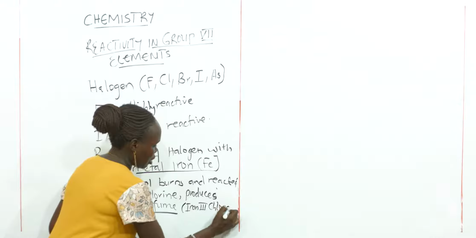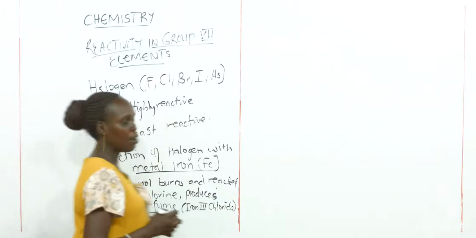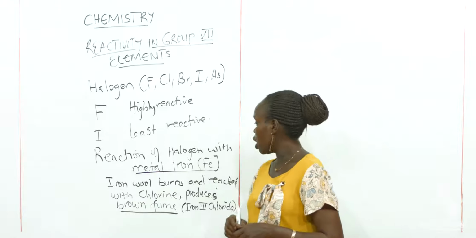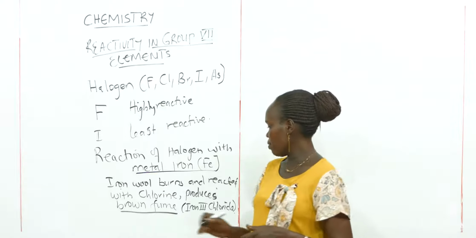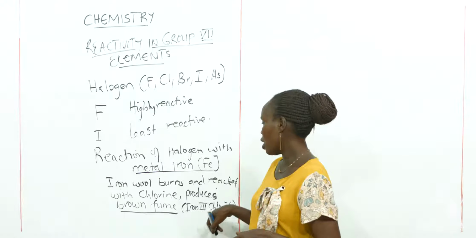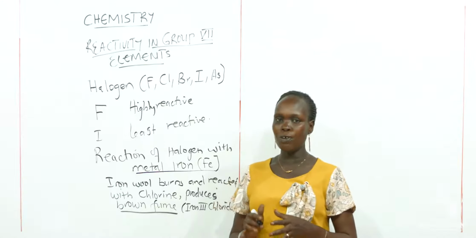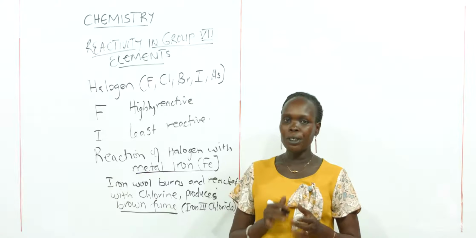So iron 3 chloride is in form of a brown fume. When you join iron with the chlorine, it will give us iron 3 chloride. In this case, there is a change of the iron from iron to iron 3.